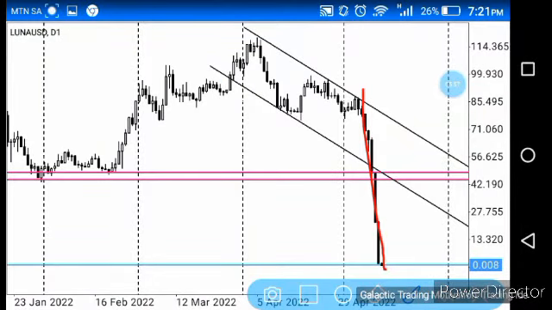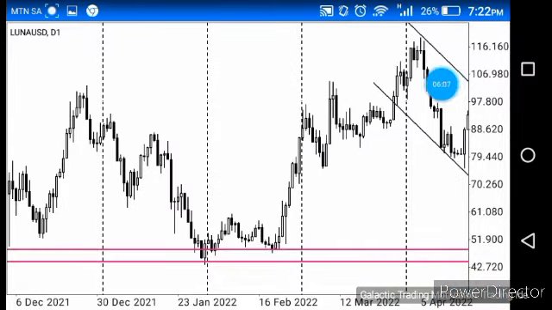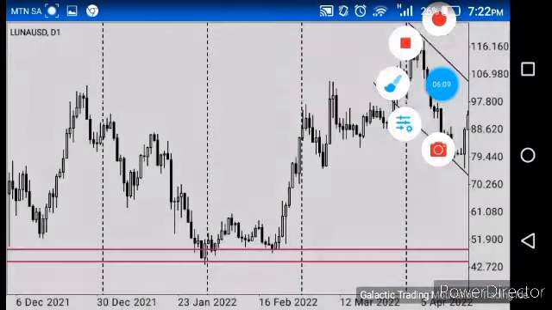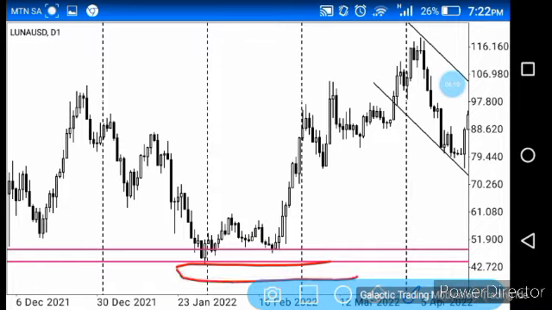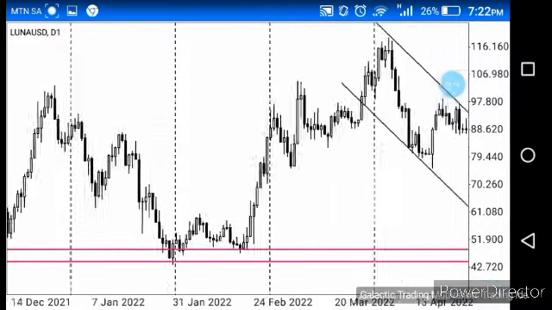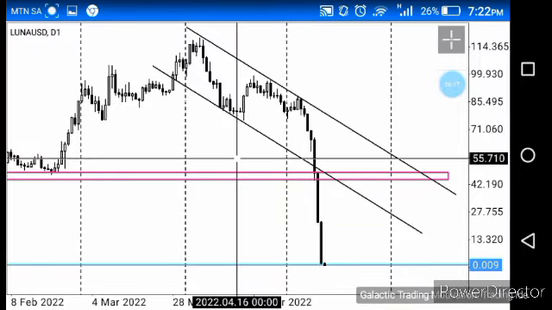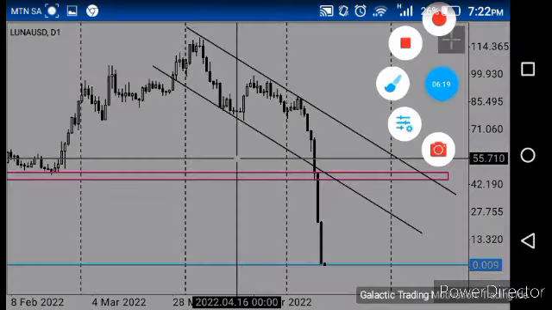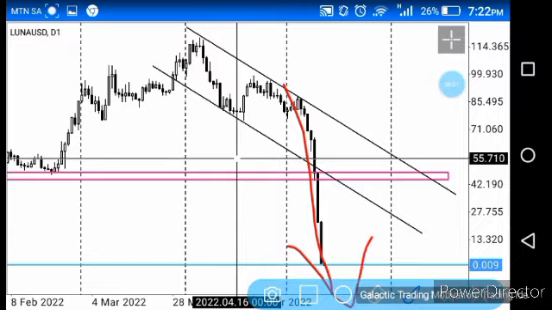In my opinion, what was happening is price was stop hunting the stop losses that are below this particular region over here, right? In my humble opinion, that's why we saw this particular move here, right?